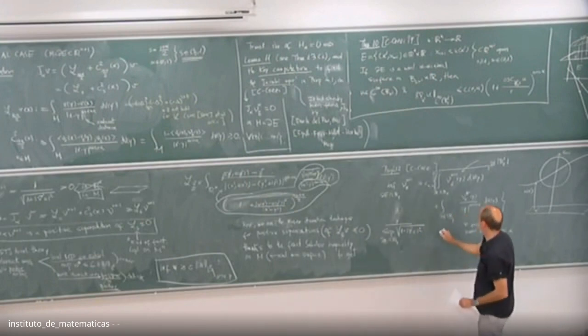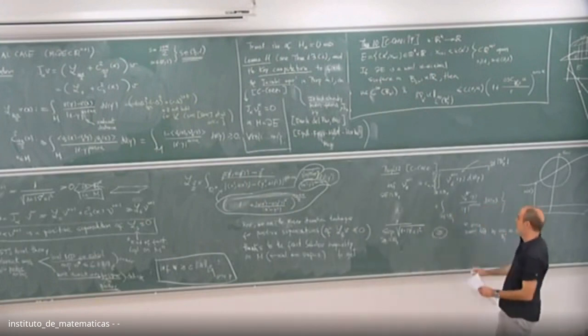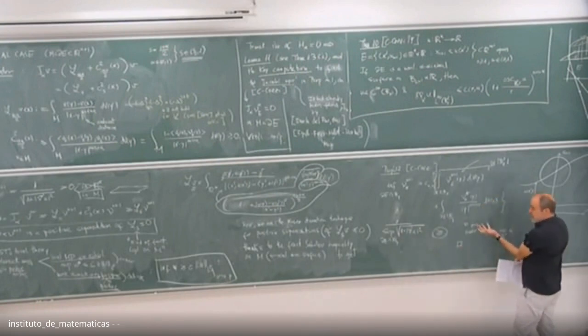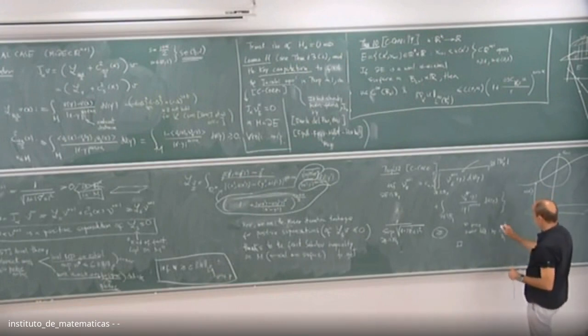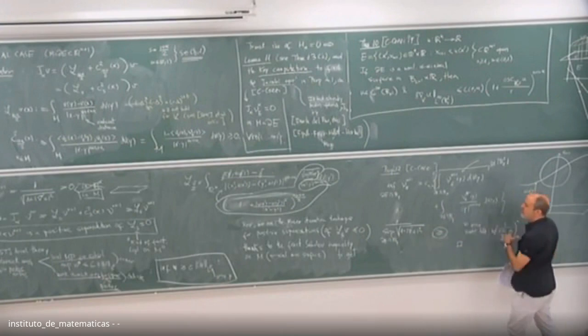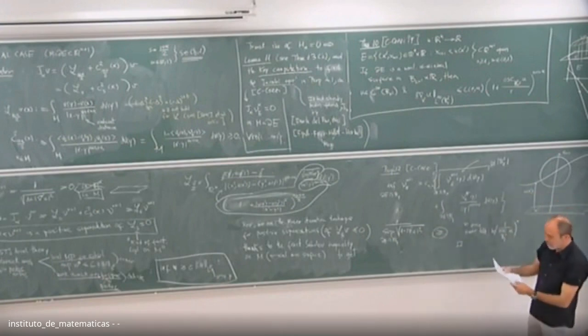And this is greater or equal than that. So you are done. So now you have the gradient estimate, because the supremum of the gradient will be smaller than the oscillation to a power.